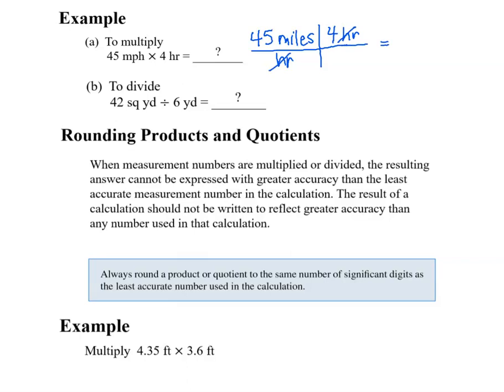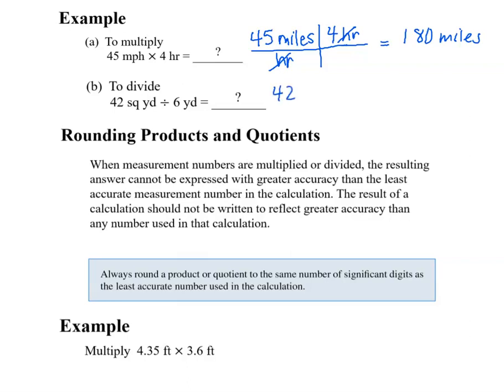Those units are going to cancel out, and so 45 times 4 is going to give you 180 miles.